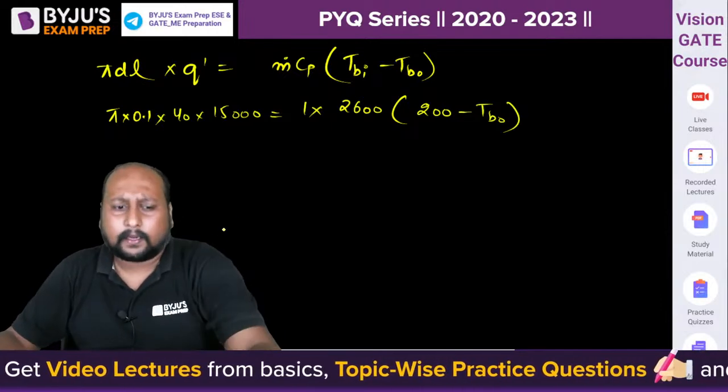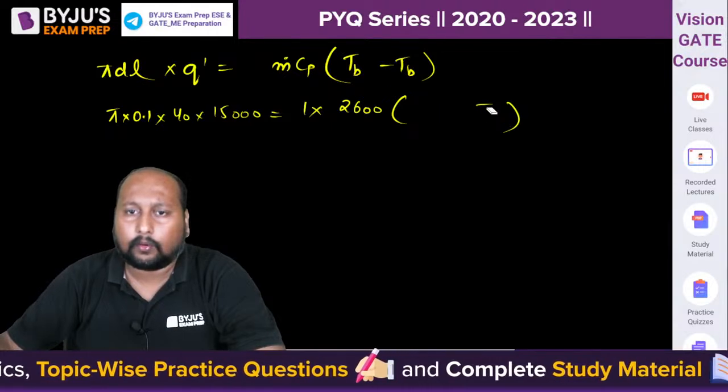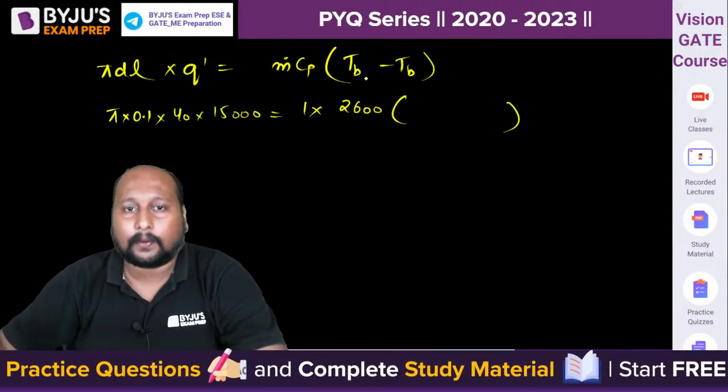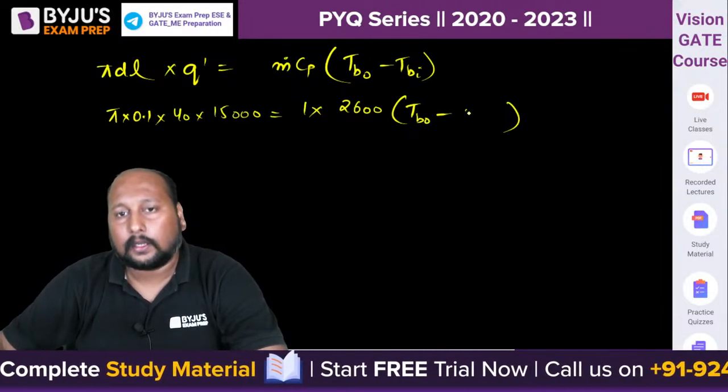Oh, that would be exit minus inlet, right? Outlet minus inlet, T_BO, because heat is gained. T_BO we can calculate. Your inlet is 200.